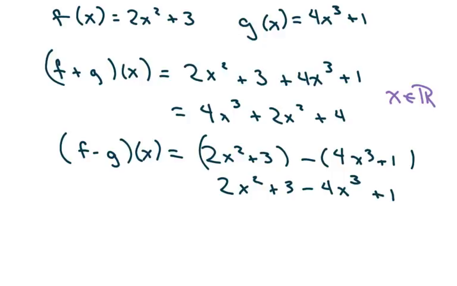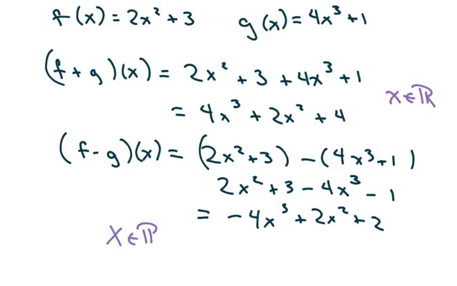Or minus 1, sorry. It should be minus 1. All right. And then when you simplify this, we get negative 4x cubed plus 2x squared plus 2. The domain is all real numbers.